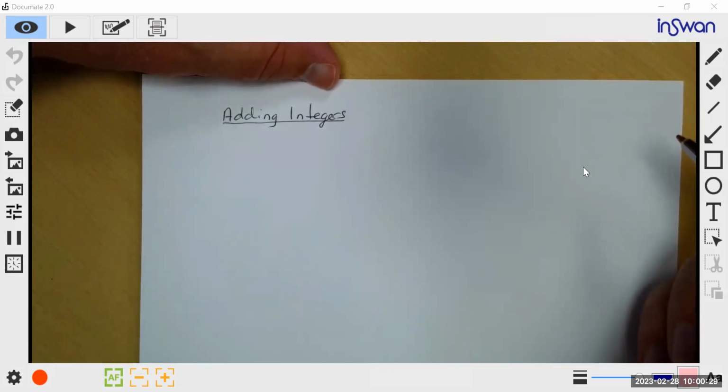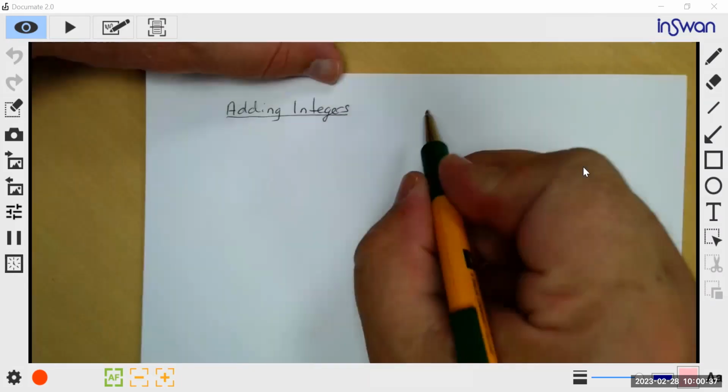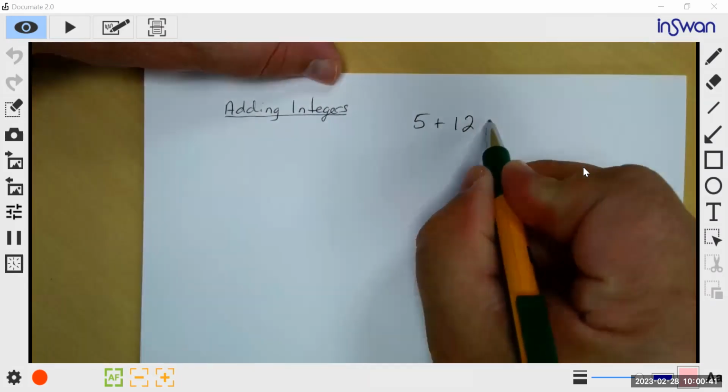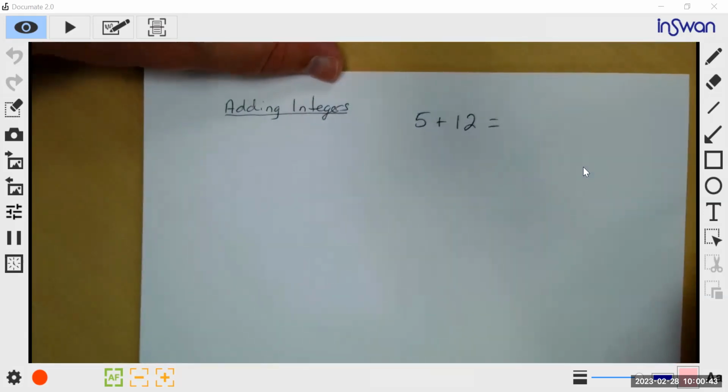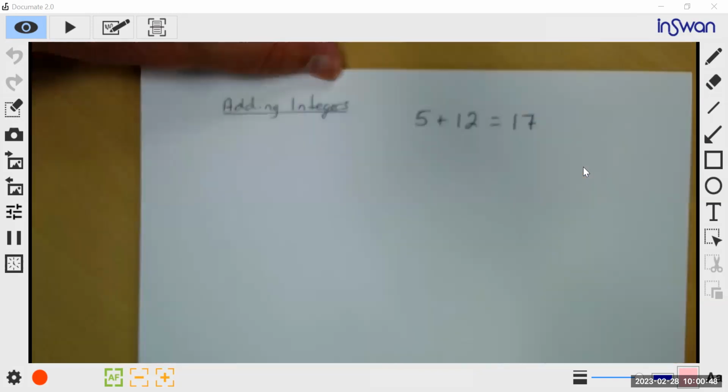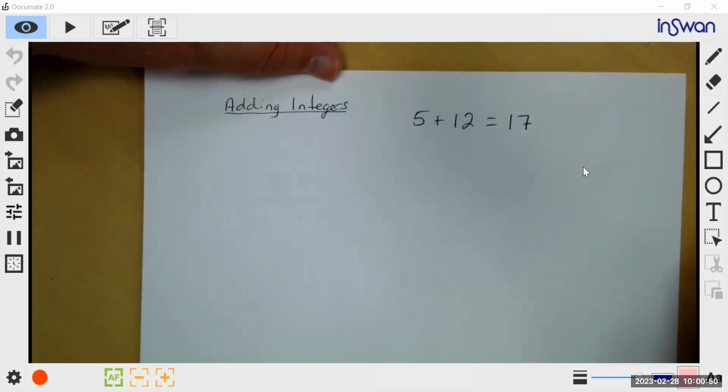Hopefully, thanks to memory cells, calculators haven't corrupted your brain so much you can't do this. I know you can. What is that going to equal? 12 plus 5 or 5 plus 12 is 17.